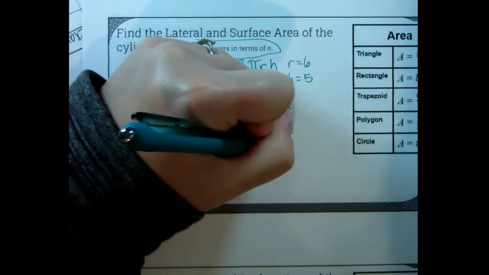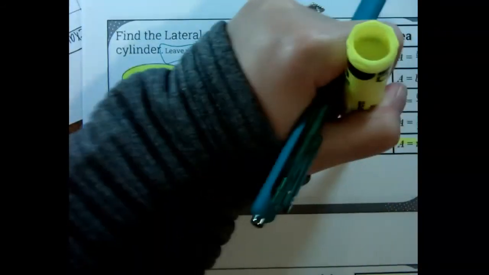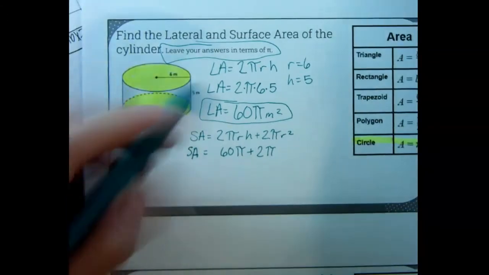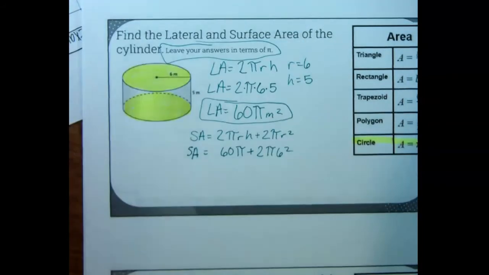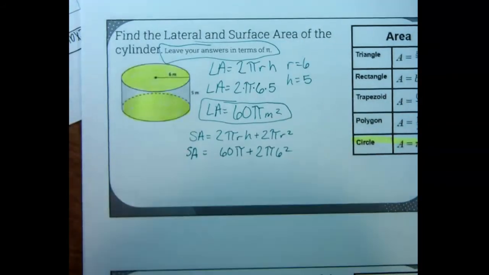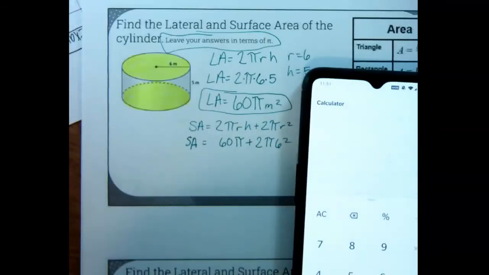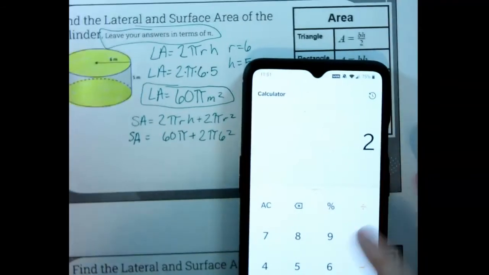And then here, all we're doing is using this area of a circle formula to find the area of the shaded part, multiplying it by 2 because there's 2 of them. So 60 pi plus 2 times 6 pi. Sorry, 2 times 6 squared pi.